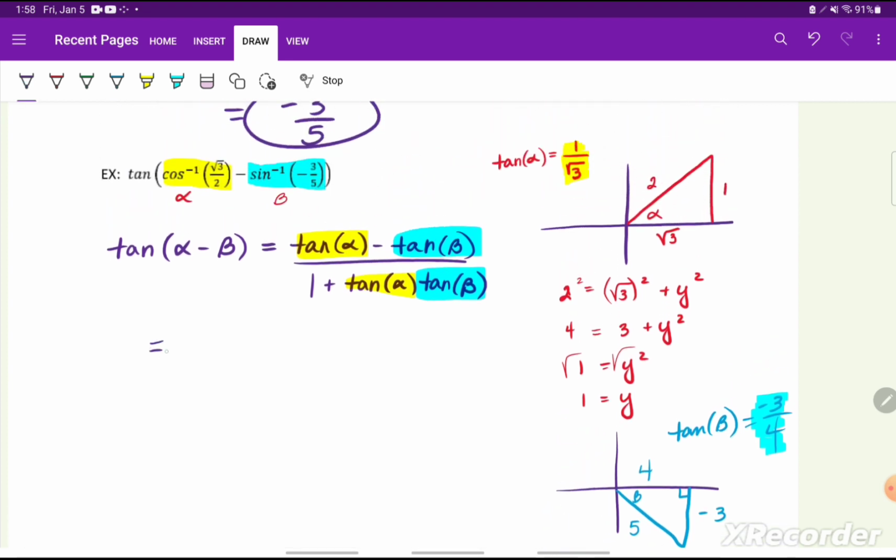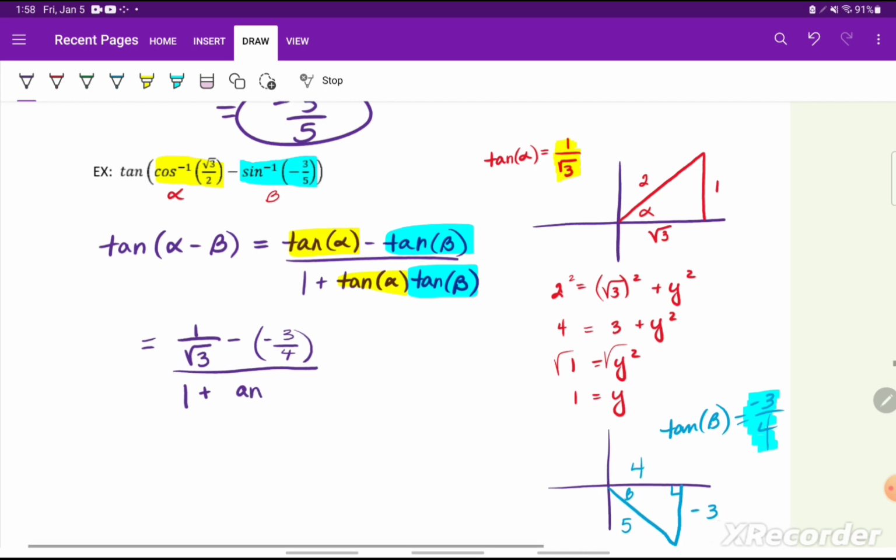Okay, so we're going to get 1 over the square root of 3 minus negative 3/4 over 1 plus 1 over square root of 3 times negative 3/4.